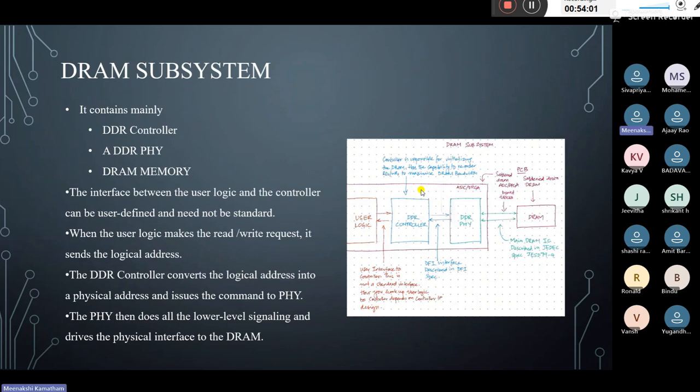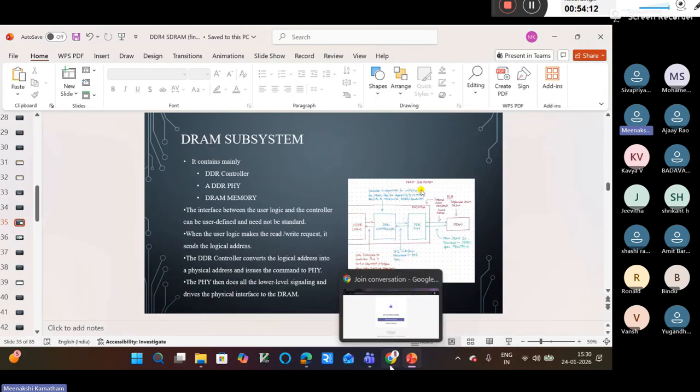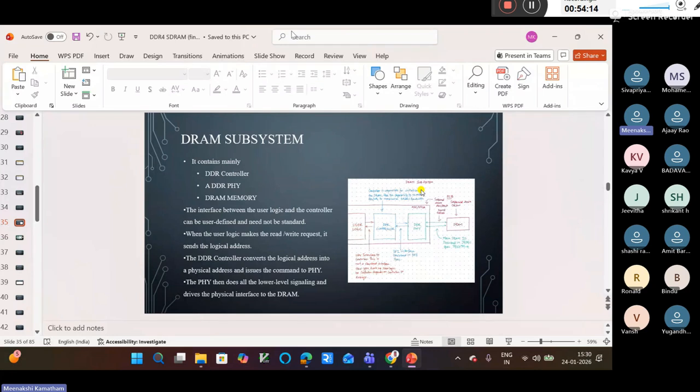See here, this is the DRAM subsystem. What the DRAM subsystem is, wait, I will explain my TB architecture.